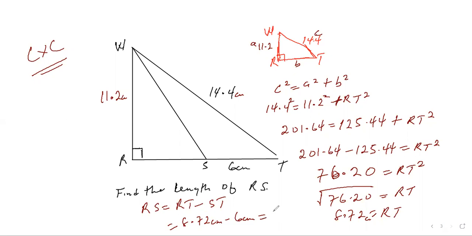When we minus, what do we get? 2.72. 2.72 centimeter, right? So our final answer is 2.72 centimeter. Follow me, everybody. Final answer, 2.72 centimeter.